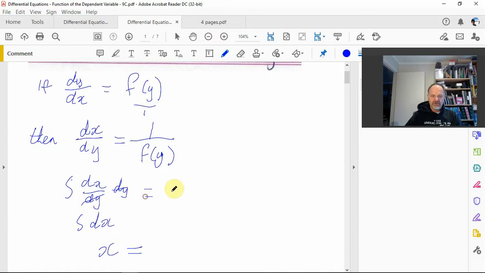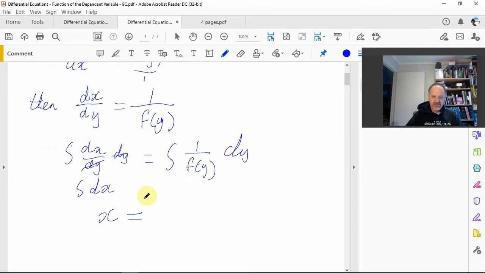And the right-hand side here is the integral of 1 on the function of y, dy, which doesn't simplify, so what we're looking for is the integral of 1 on the function of y dy.